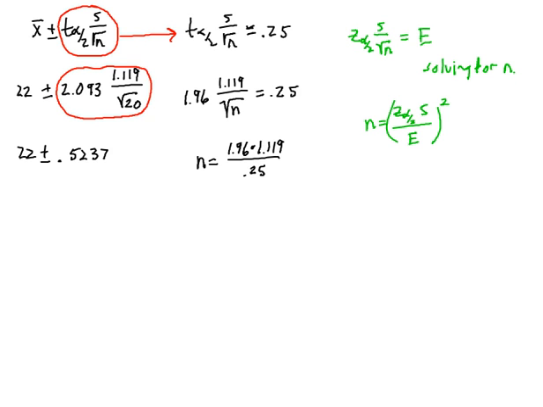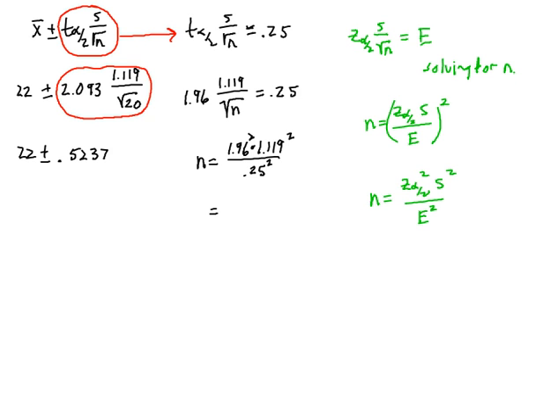Now, again, the book would have written this as just take each one of those values squared. So maybe I should go ahead and simplify that a little bit. I'm going to take the 1.96 squared, the standard deviation squared, multiply those together and divide it by the 0.25 squared.